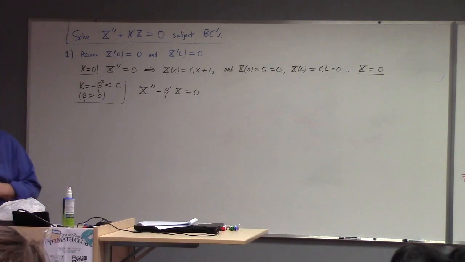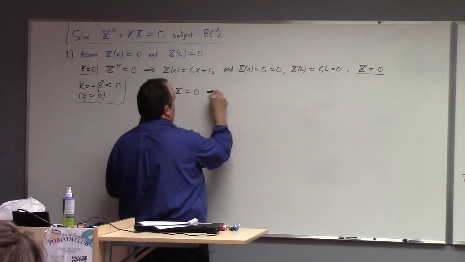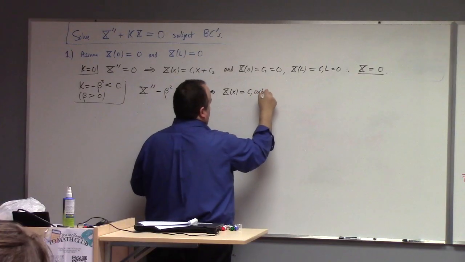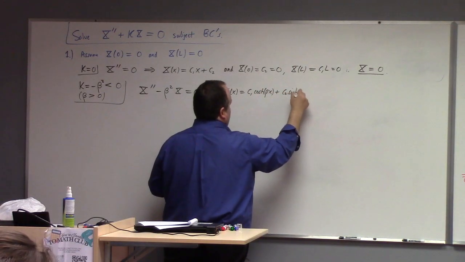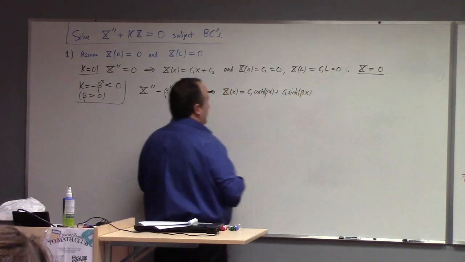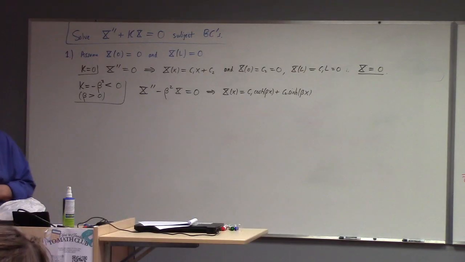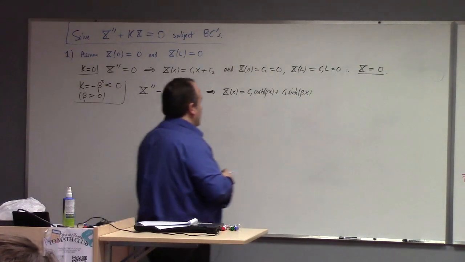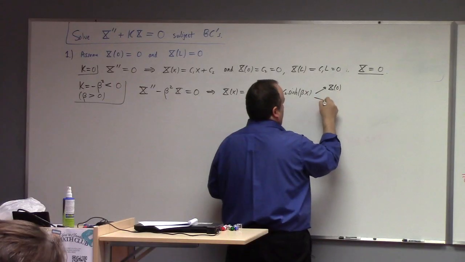We can use cosh and sinh for a problem like this. And as such, this implies that x of x is like C1 cosh beta x plus C2 sinh beta x. Now, if you don't know about cosh and sinh, well, then this devolves into a discussion about exponentials, which you could do and still get through the math, but it would take a whole extra minute. So, great. X of 0 is what? And x of L is what?